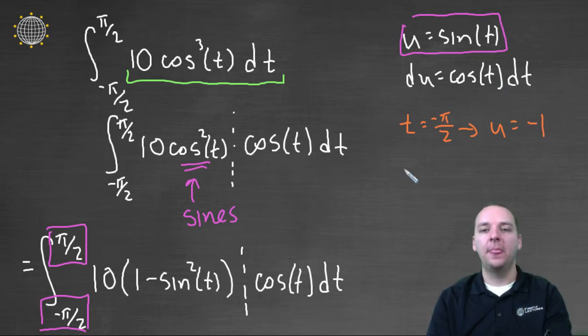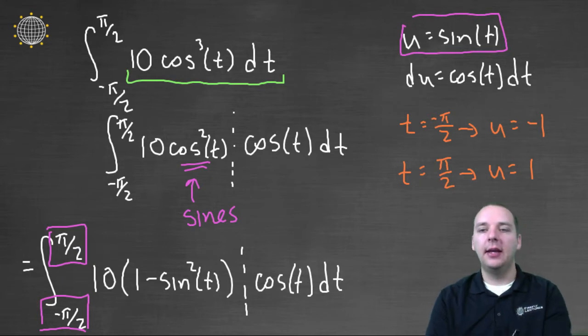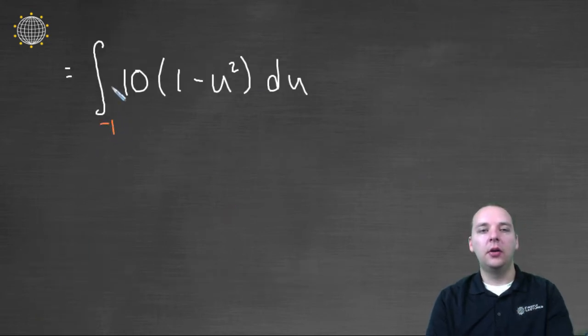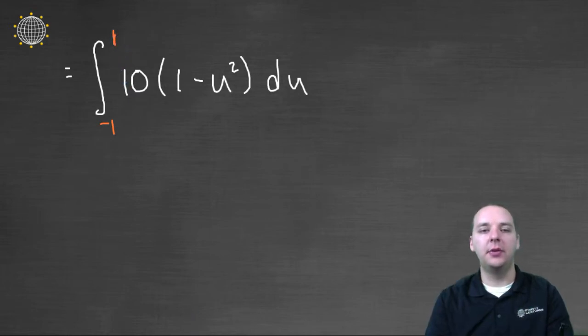That's the sine. And then what's u at t equals pi over 2? Well, that would make u equal sine of pi over 2, which is positive 1. So if negative pi over 2 to pi over 2 was your old limits, then negative 1 to 1 will be your new limits, right? So we'll keep these new limits in here, not negative pi over 2 to pi over 2.